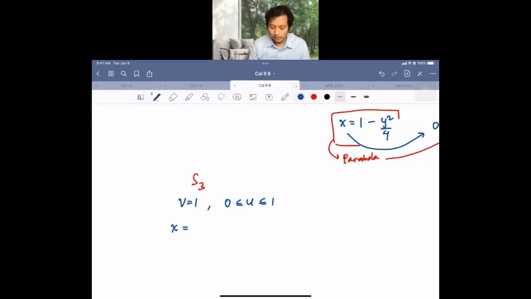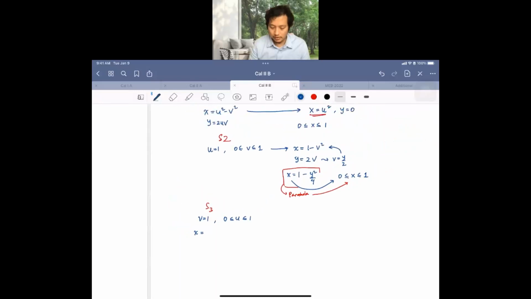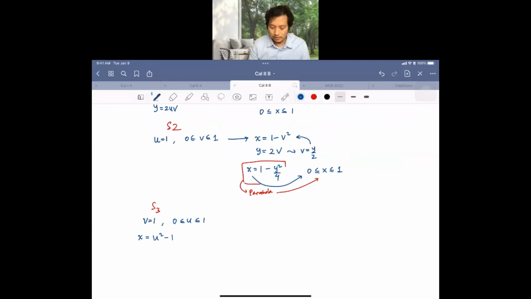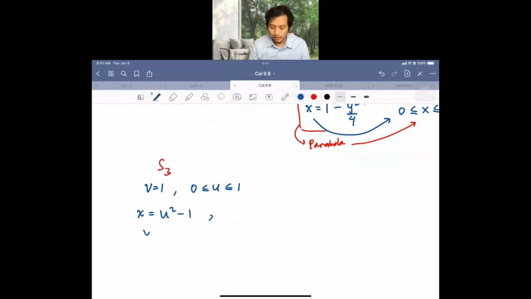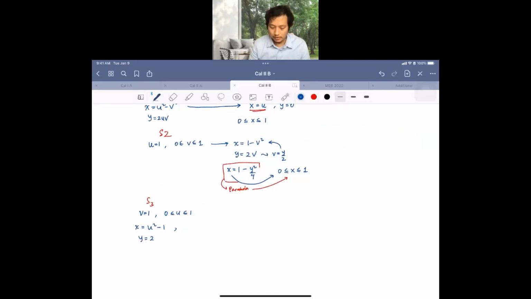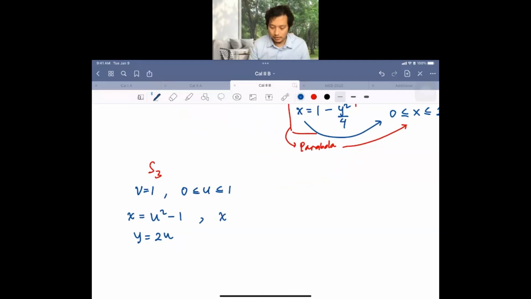And we have similarly, this becomes u squared minus 1, right? Or we could write down, if this is v, sorry, 2u, and this will be y squared over 4 minus 1.